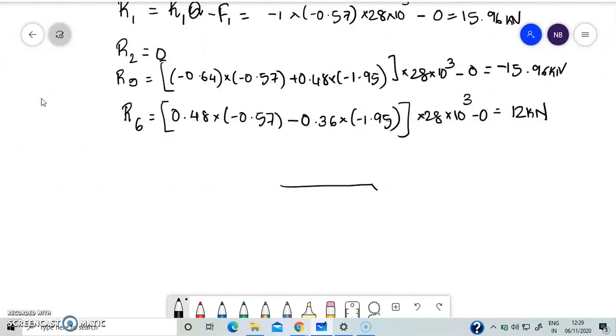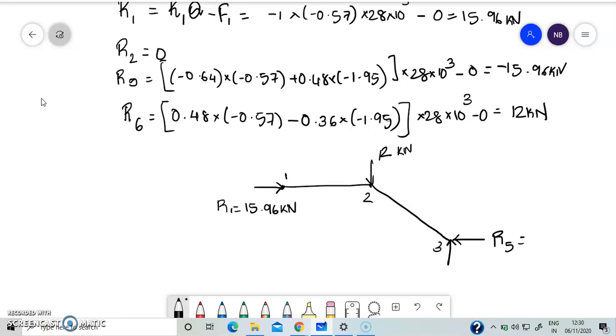So if I draw a free body diagram, we have 12 kilonewton here, node 1, node 2, node 3. So we have here R1 equals 15.96 kilonewton.